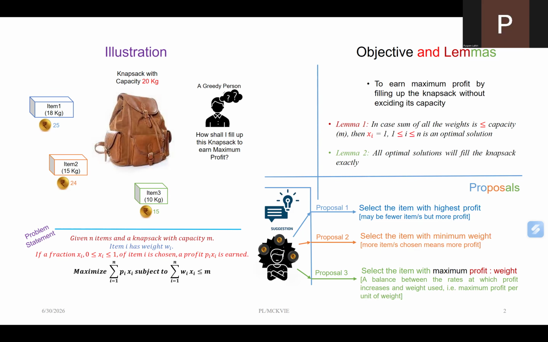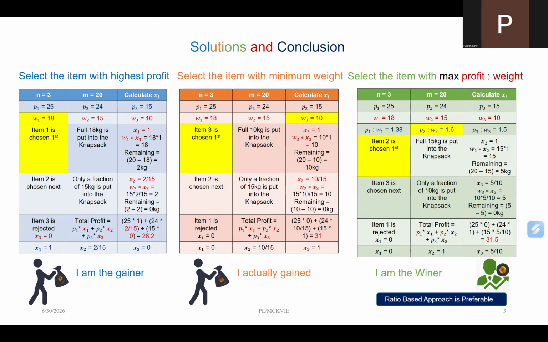We have discussed these three proposals, based on which we have taken an example with three items. The capacity of the knapsack is 20. We have three items, so three profit parameters and three weight parameters must be there. I have shown all three proposals and calculated the total profit earned.